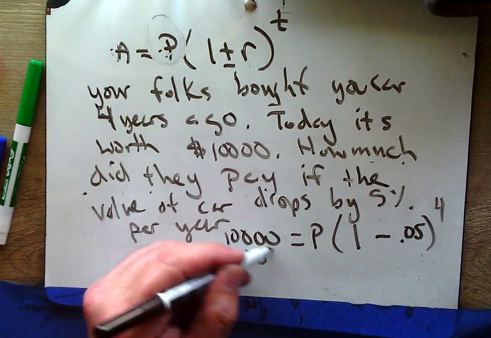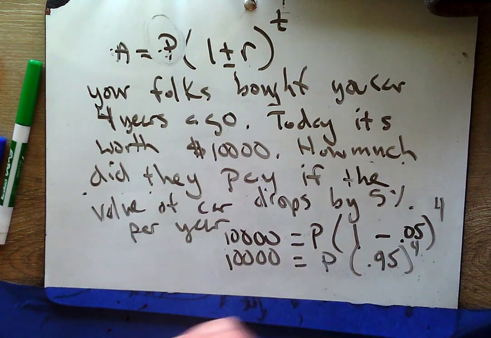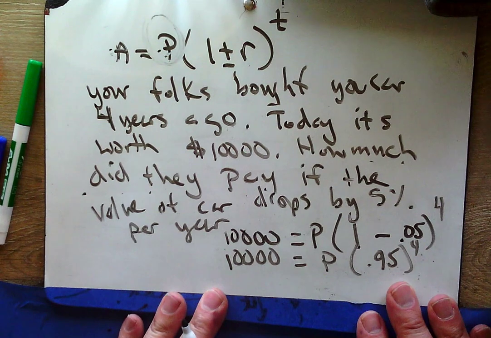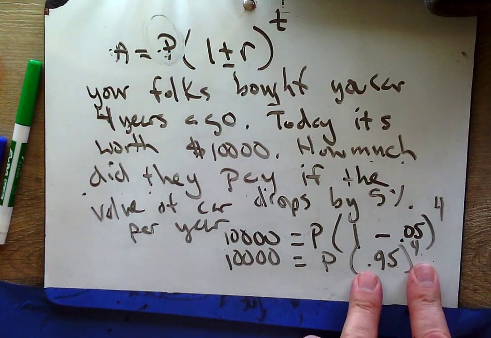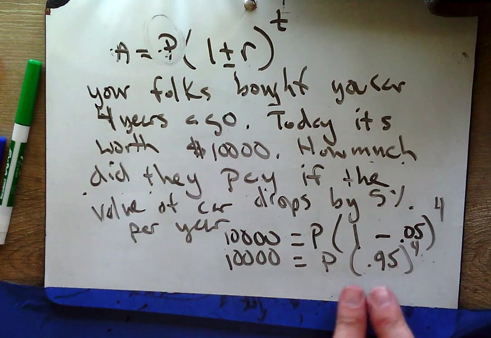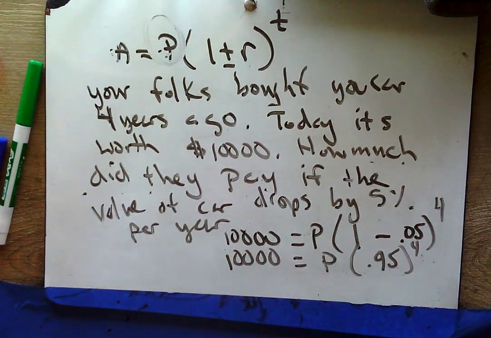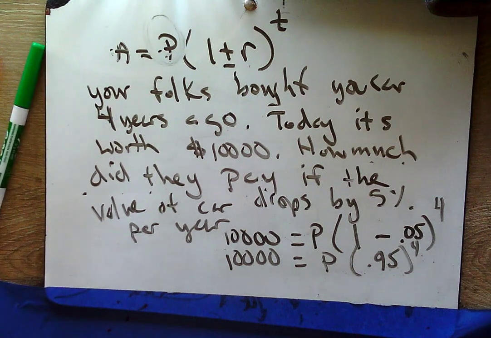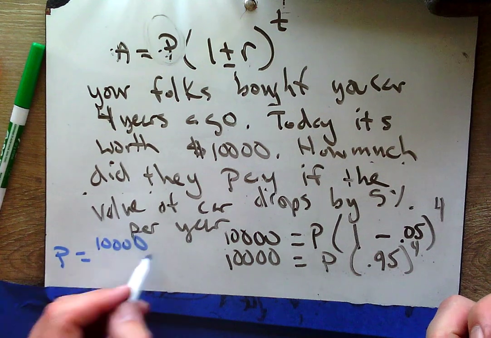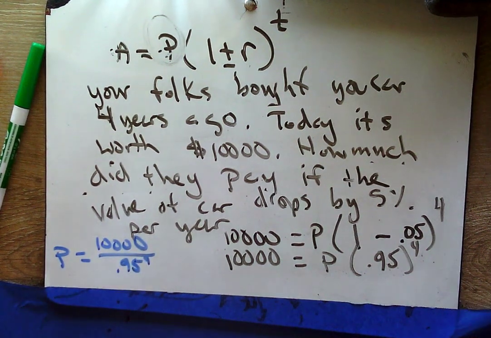Okay, 10,000 equals P times 0.95 to the fourth. So how do I solve this equation for P? Well, this times P. So to get rid of this stuff, I'm just going to divide both sides by it. So P is going to be 10,000 divided by 0.95 raised to the fourth.